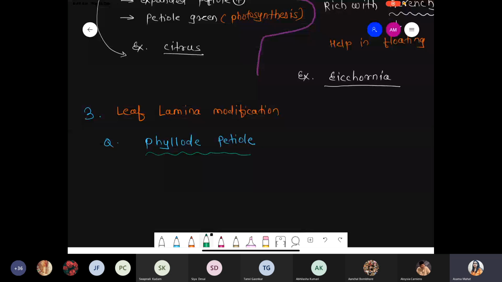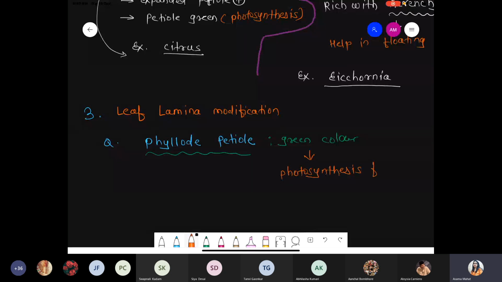But what happened, we are talking about what is the meaning of the phyllodes petiole. And phyllodes petiole, basically they are green in color. Okay, so you know very well, if they are green in color, obviously they are performing the function, that is photosynthesis function. So these are the common function, phyllodes petiole.